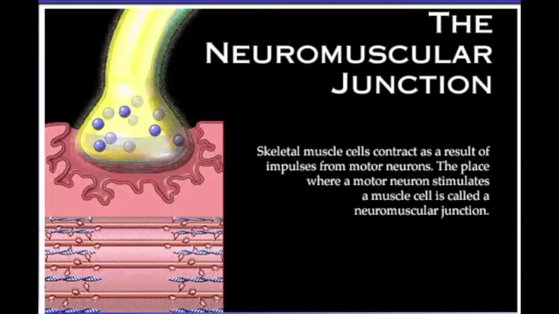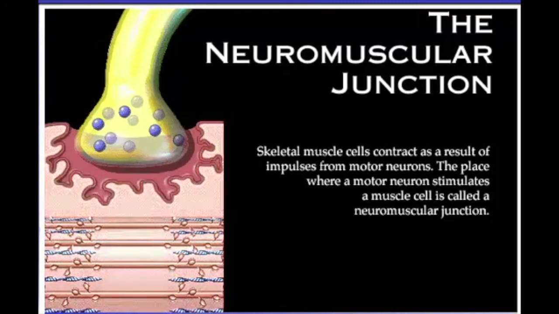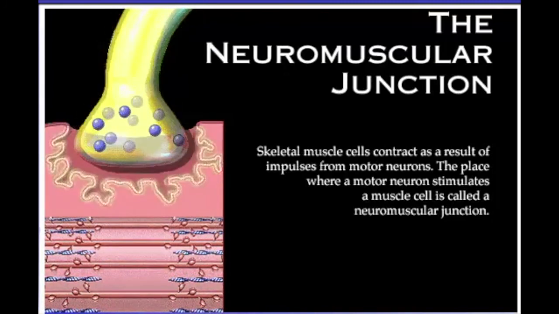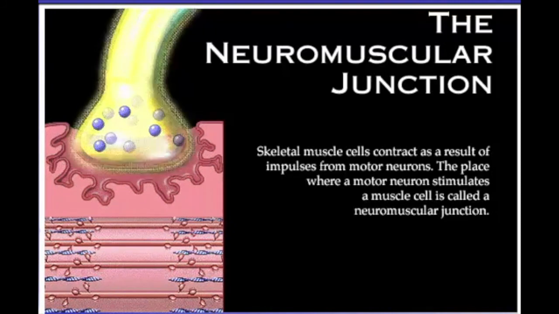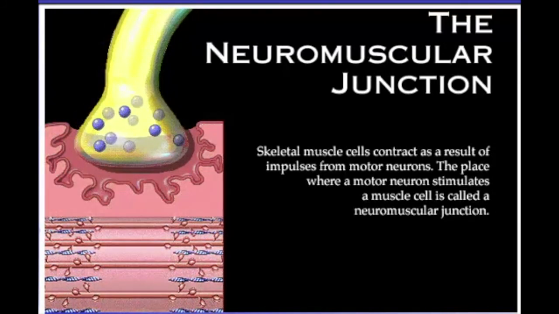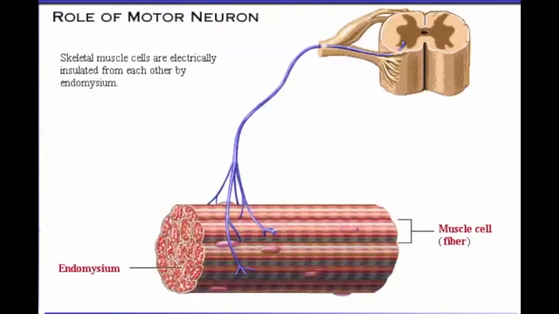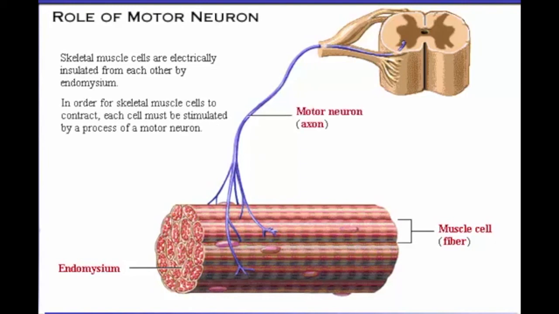Skeletal muscle cells contract as a result of impulses from motor neurons. The place where a motor neuron stimulates a muscle cell is called a neuromuscular junction. Skeletal muscle cells are electrically insulated from each other by endomysium. In order for skeletal muscle cells to contract, each cell must be stimulated by a process of a motor neuron.